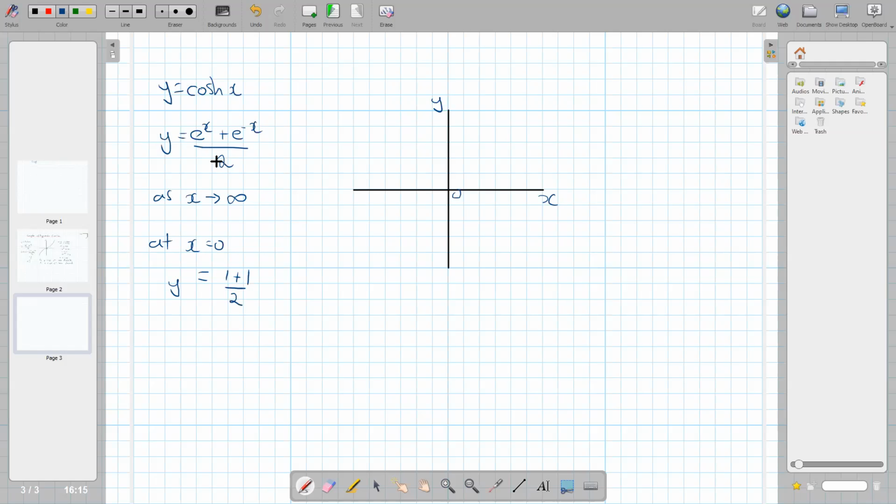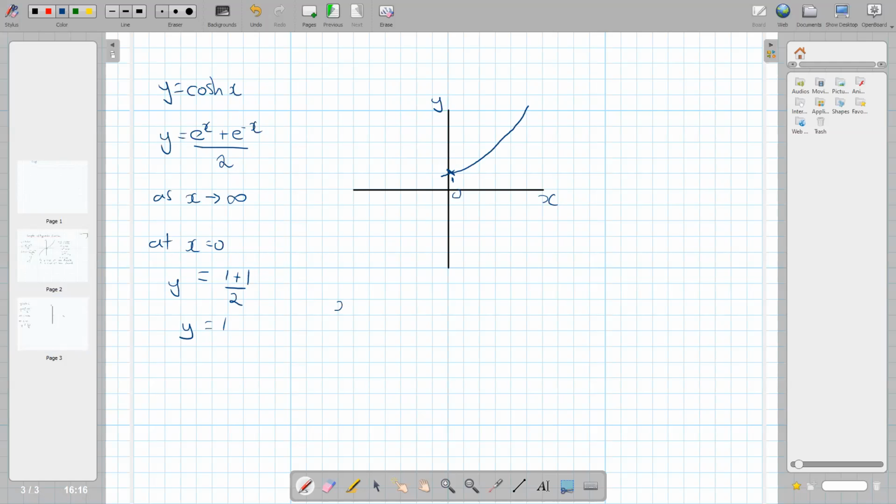E to the 0 is 1, and e to the minus 0 is still 1, so it's 1 plus 1 over 2, which is 1. So y equals hyperbolic cosine is going to go through the point 1. And as we've just seen, as x gets large, the e to the x will dominate.